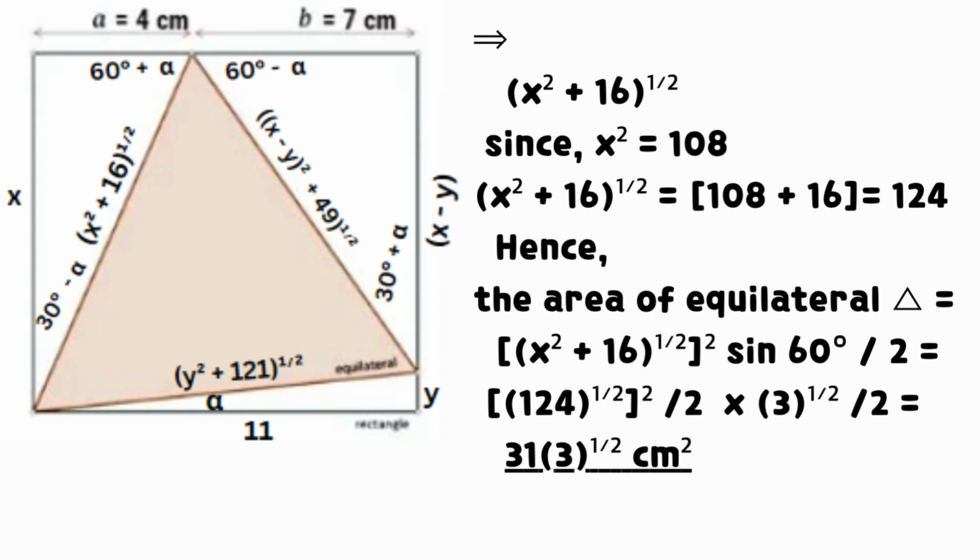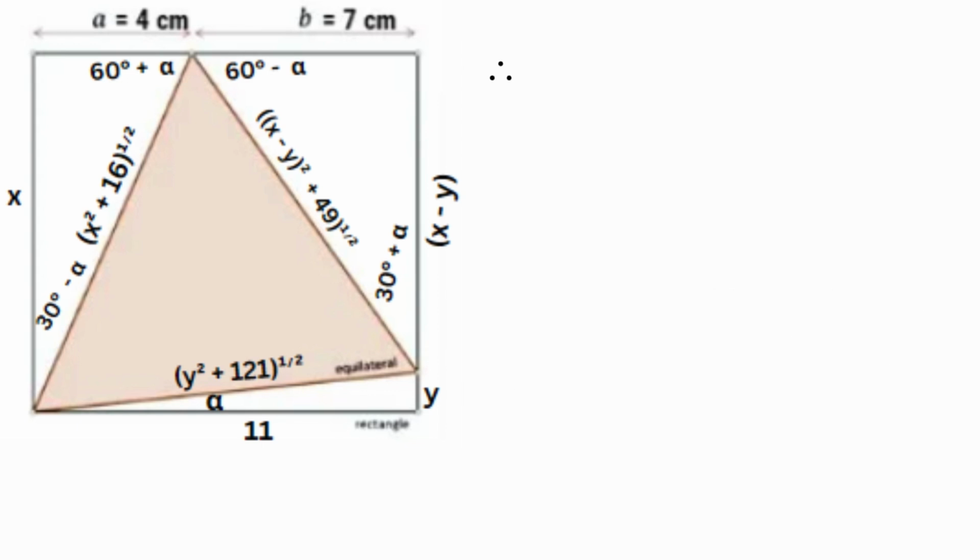Hence, the area of the equilateral triangle equals the product of the square root of the sum of the square of x and 16 and the sine of 60 degrees all divided by 2. Substitute the numerical values we obtained and our result equals the product of 31 and the square root of 3 in square centimeters.